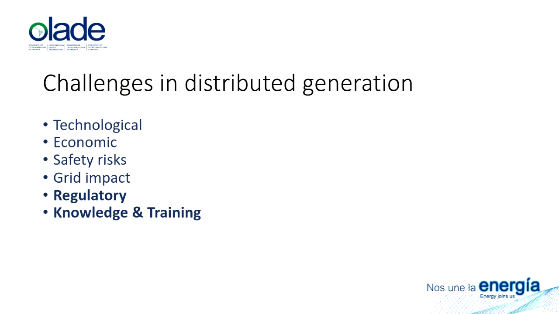So now when we start looking at challenges in DG, most of these we already discussed, but just to wrap up and point out some of the challenges that are present today. So, technological challenges: as we saw from the technology point of view, solar PV is a very mature technology and it's already proven, but other technologies might need some development.